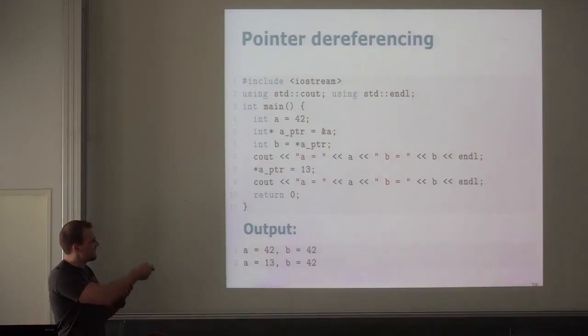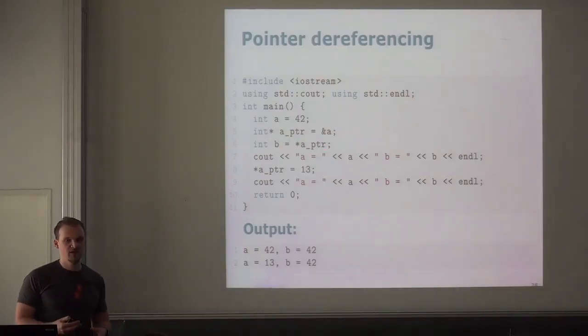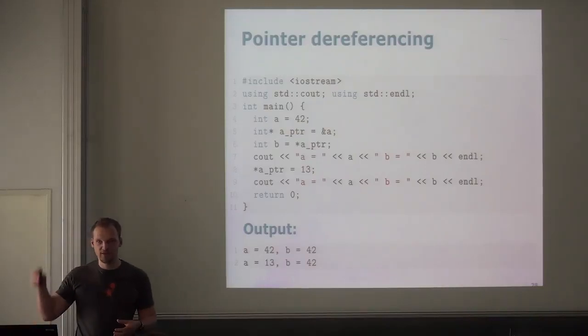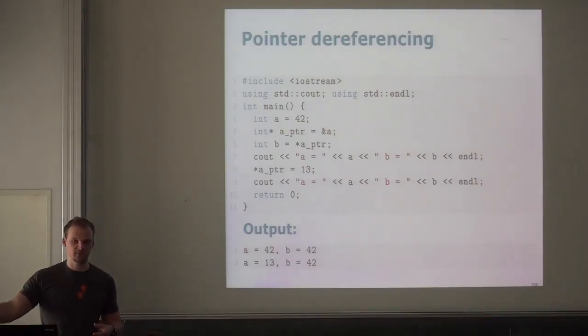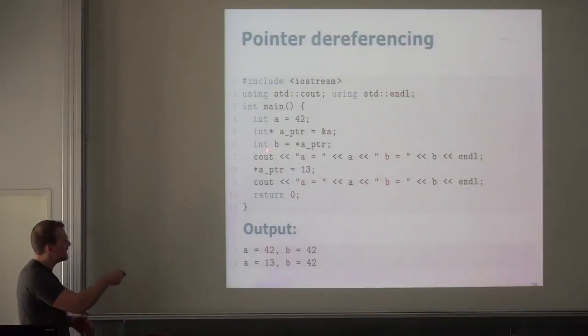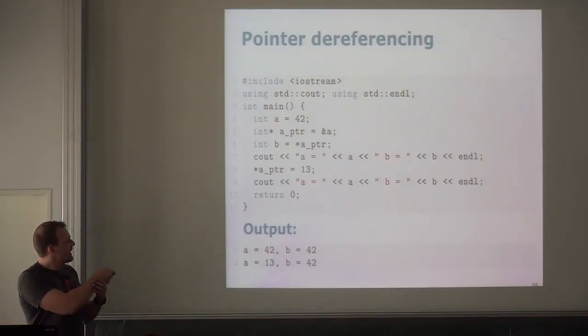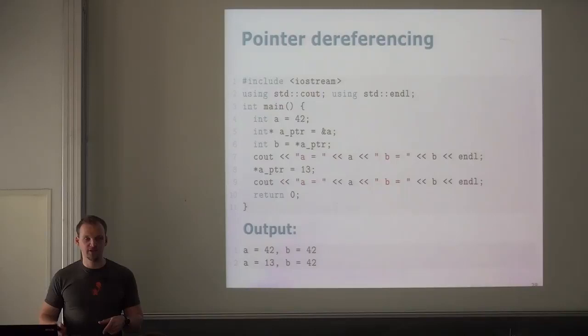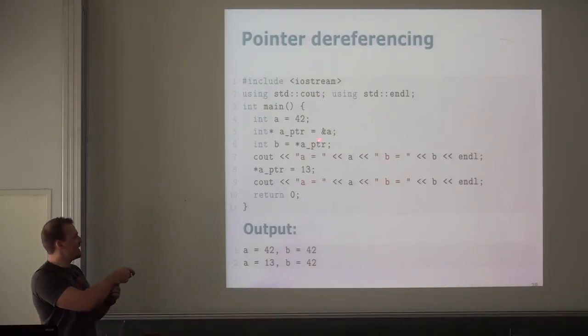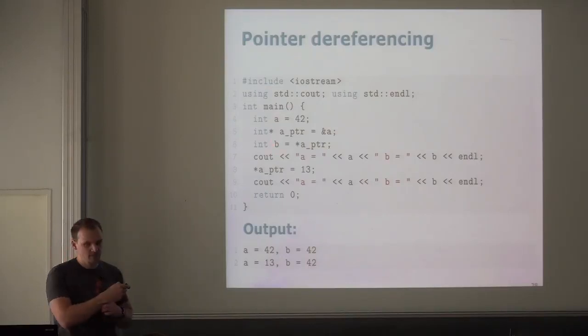But if we put this star over here, so before the pointer, we get the value of the thing that the pointer points to. Okay? So B will now be actually 42, because we know that the pointer points to the A variable, and the A variable has a value of 42. So now if we dereference this pointer, we get the value of B equals to the value of A.